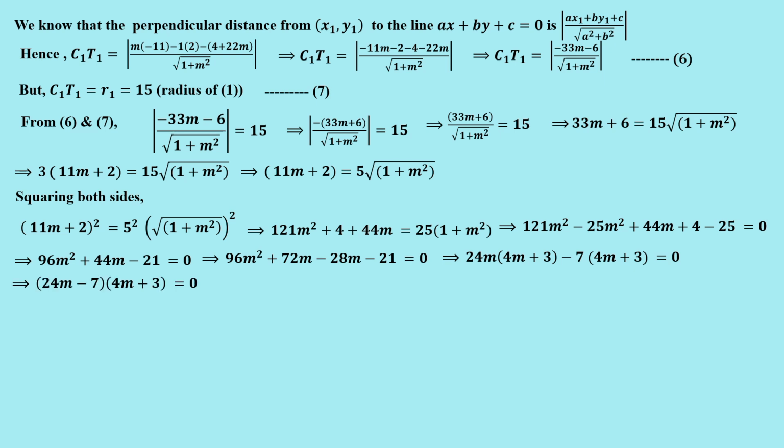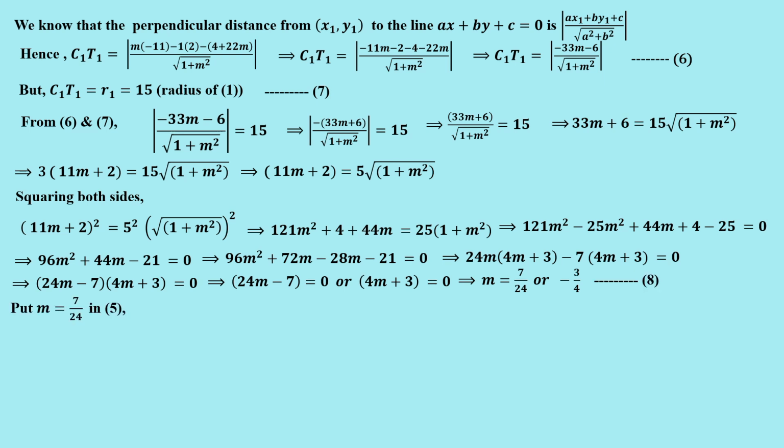So (24m - 7)(4m + 3) equal to 0. So 24m - 7 equal to 0, or 4m + 3 equal to 0. So m equals 7 by 24, or similarly for the second, m equals -3 by 4, that is equation number 8.